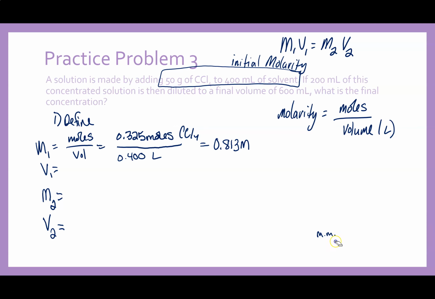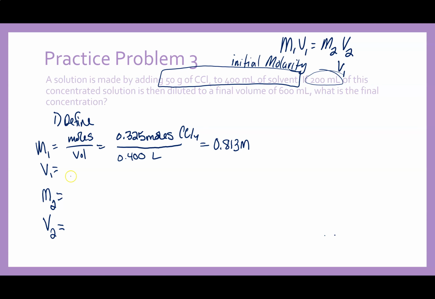So we had to do some initial investigating to figure out what that first molarity was. The next thing says, if 200 milliliters of this solution, so this is the volume that we're actually going to take of that initial molarity, we're going to convert it to liters by dividing by 1,000.